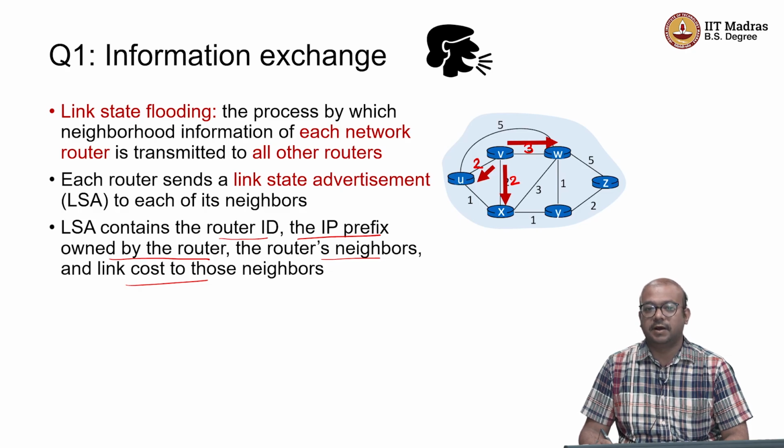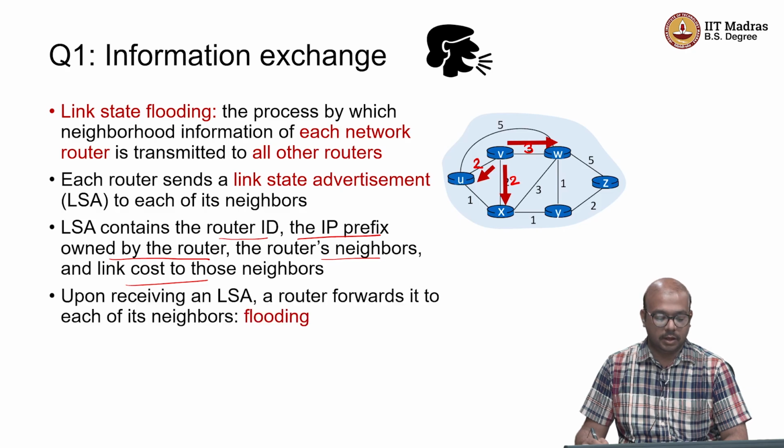So this link state flooding is the first thing where you initialize these message exchanges to convey the complete network graph to all the routers, okay. Upon receiving the link state advertisement, a router forwards it to each one of its neighbors.